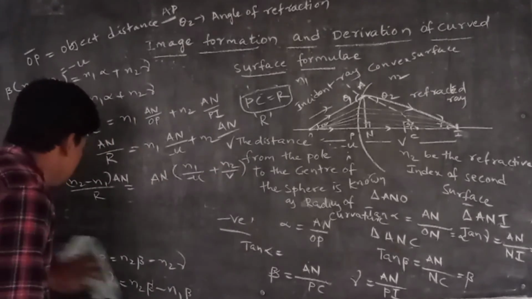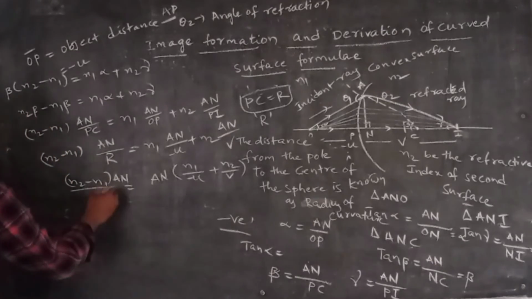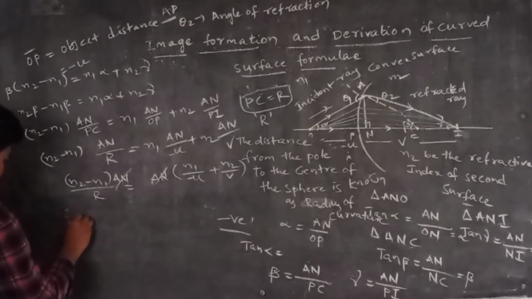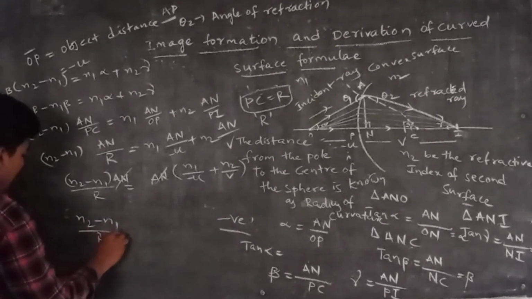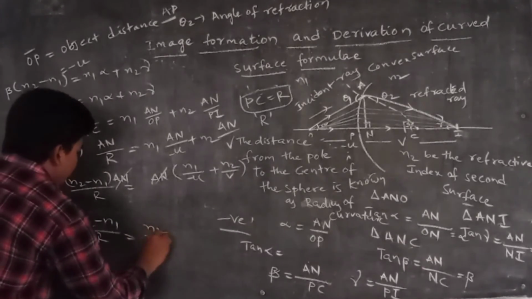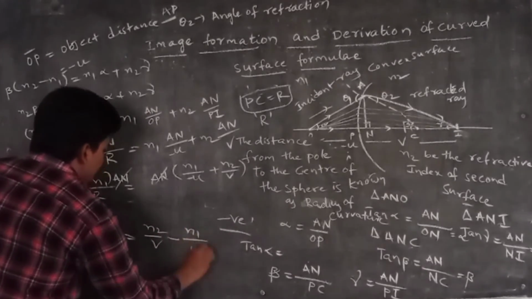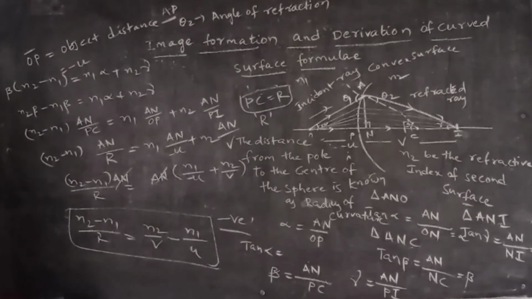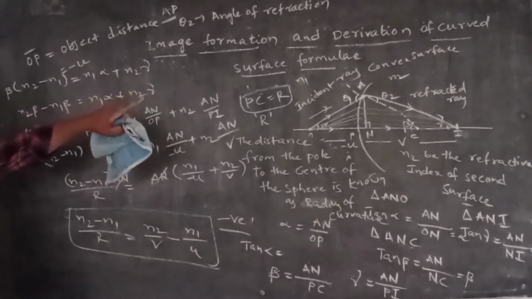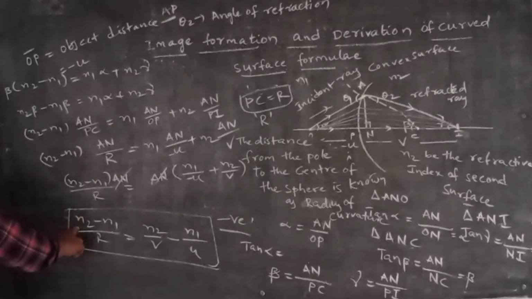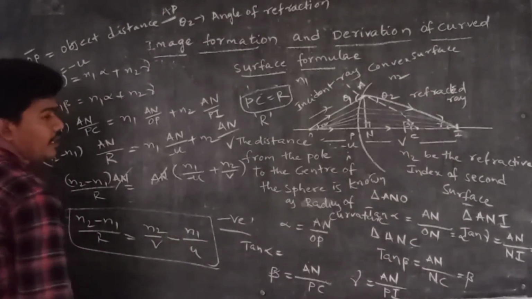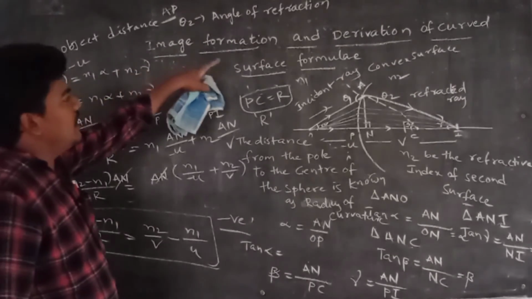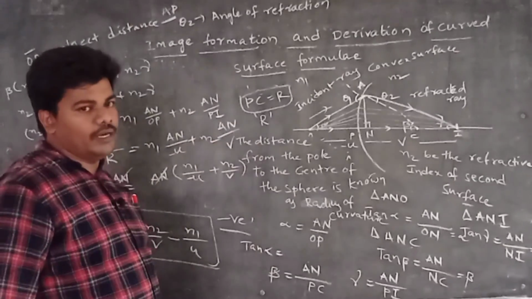On both sides AN gets cancelled. So (n2 minus n1) by R is equal to n2 by v minus n1 by u. This is the formula, or derivation, for image formation at a curved surface: (n2 minus n1) by R is equal to n2 by v minus n1 by u.